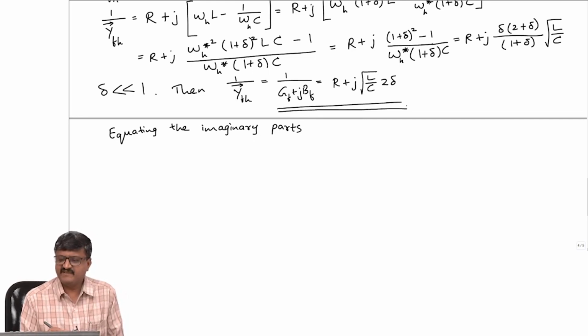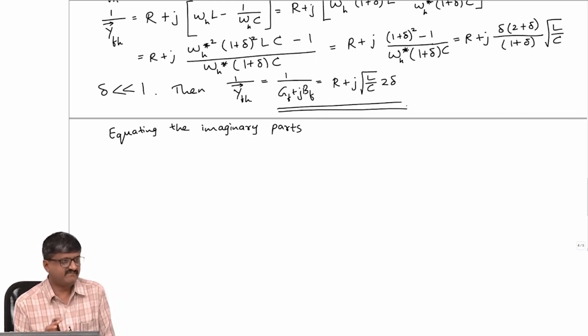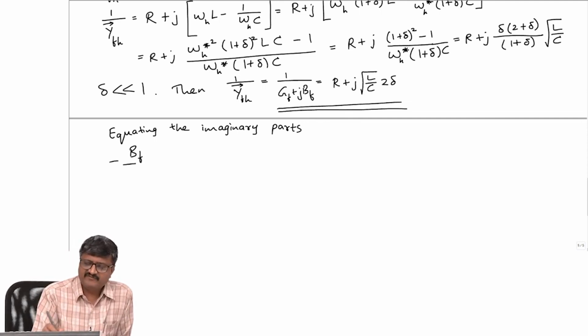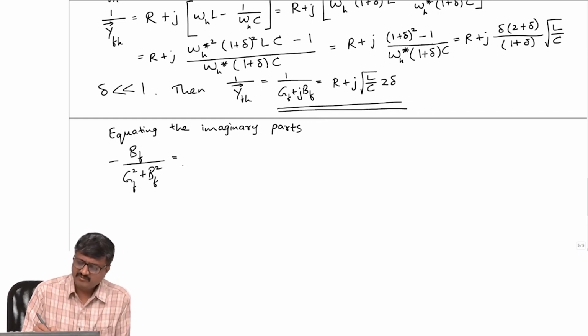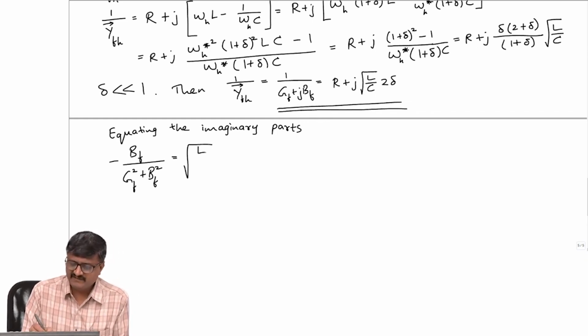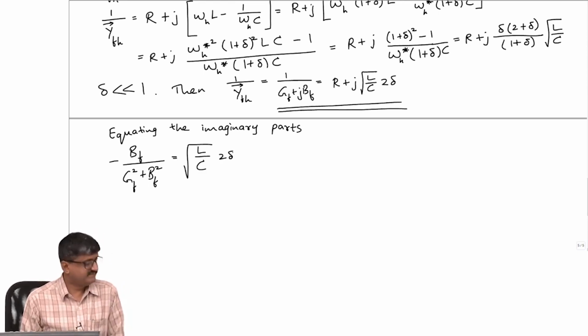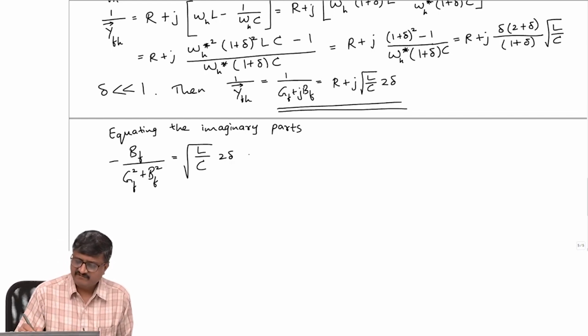1 by GF plus JBF, GF and BF are real, conductance and susceptance. So, what is the imaginary part of the left hand side? Yeah, minus BF divided by GF square plus BF square. So, this is equal to the imaginary part on the right hand side, under root L by C 2 delta. Okay. So, I will write this in a slightly different form.